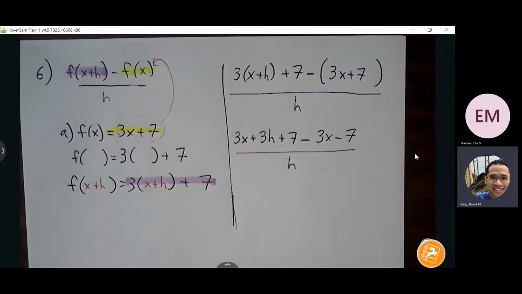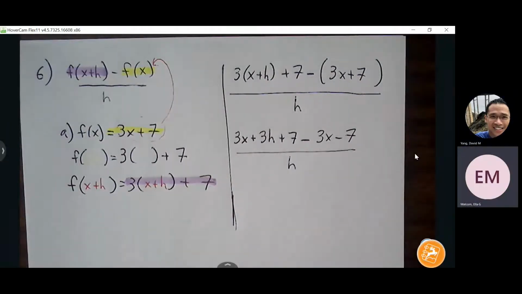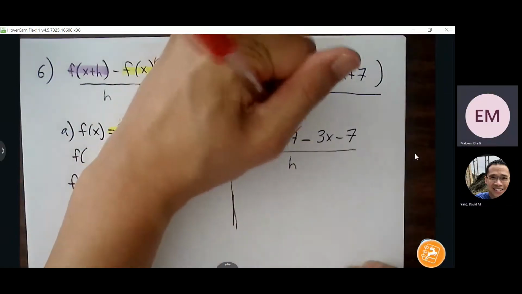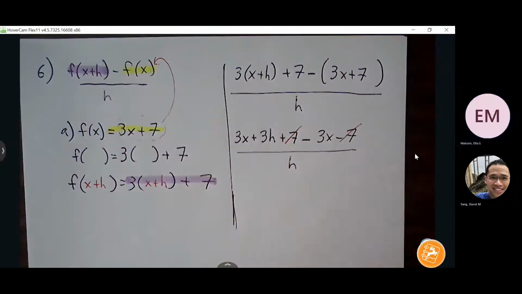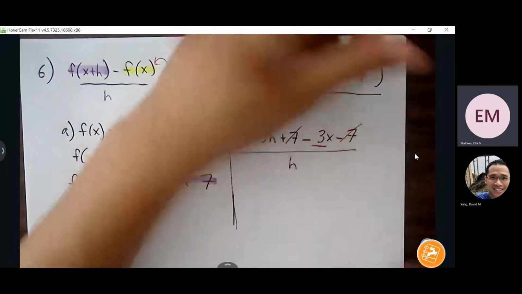Any other like terms that we can do here? The sevens. So 3x h. And then the 3x's. That's 3h over h.